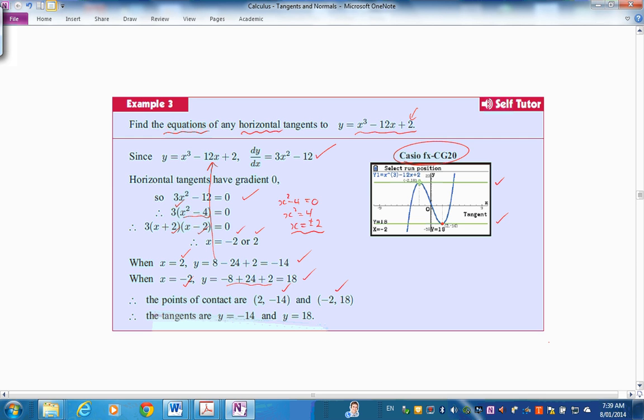And of course, because they're horizontal, that implies the slope is 0. It also implies the equation is y equals a constant. So you don't have to go through mx plus c or y take ya or whatever. So it'll just be y equals neg 14, y equals 18.